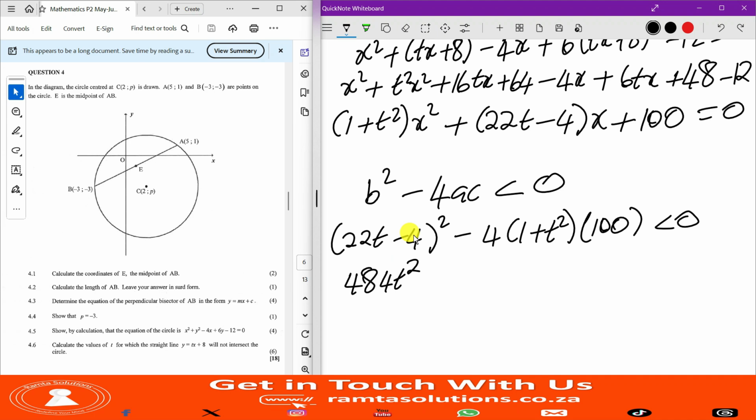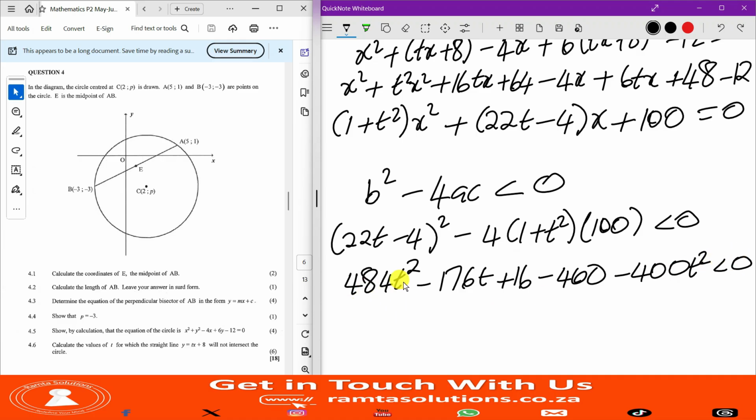No, it's minus 88, so times 2, it's minus 176t, plus 16. And what is this? Minus 4 times 1 is minus 4, times 100 is minus 400. Minus 4 times t squared is minus 4t squared, times 100 is minus 400t squared, less than 0.